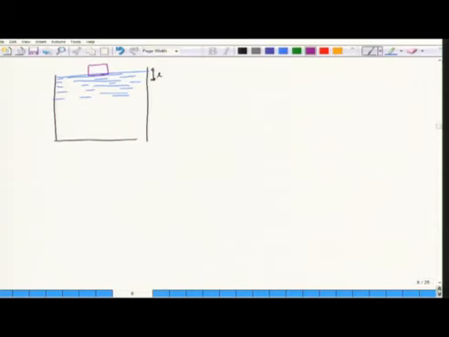So, now the depth is going to be L minus y, and F buoyancy is going to be A rho g (L minus y), still up, and F gravitation, the weight, is going to be minus mg, down.